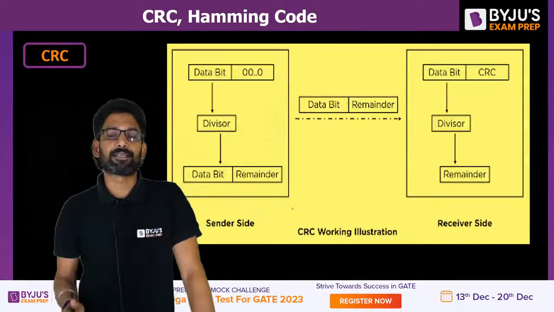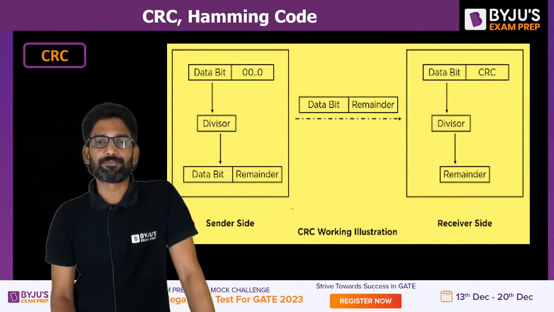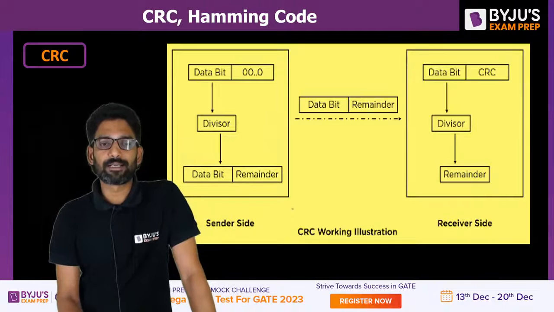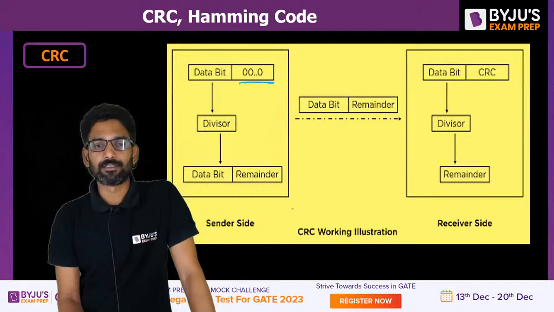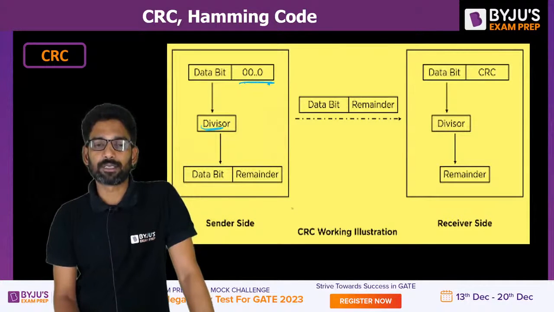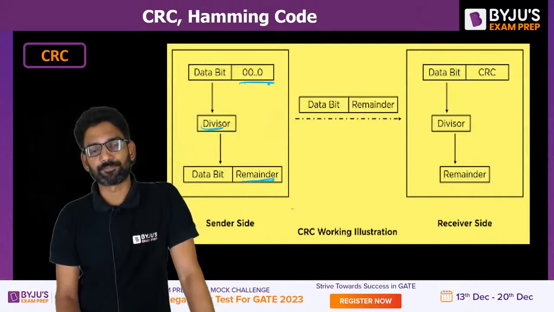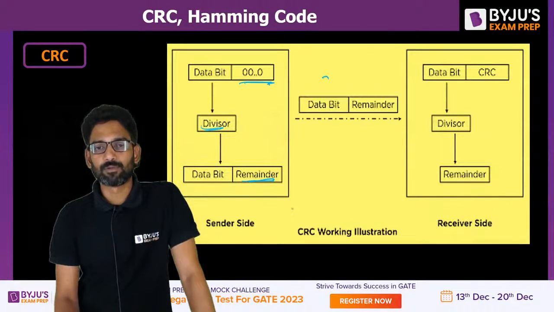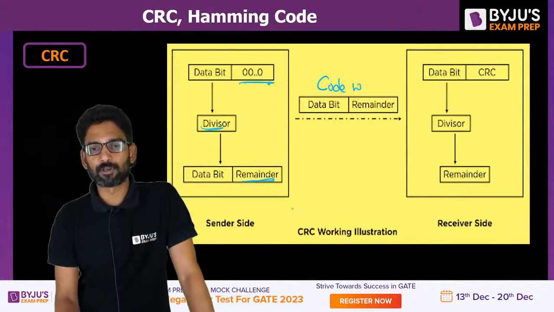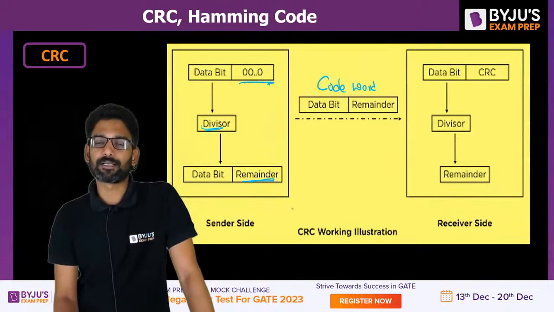Before that, here is a pictorial illustration. To the data bits, the sender will add zeros and then do XOR with the divisor so that he will get the remainder. That remainder replaces these zeros. That is the code word formed by the sender.